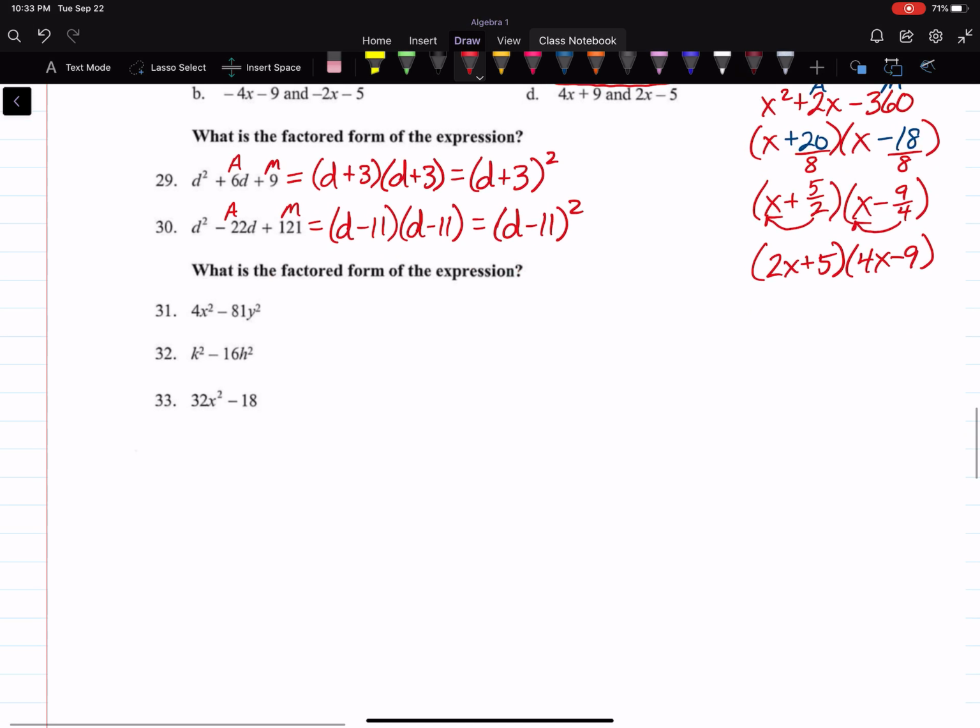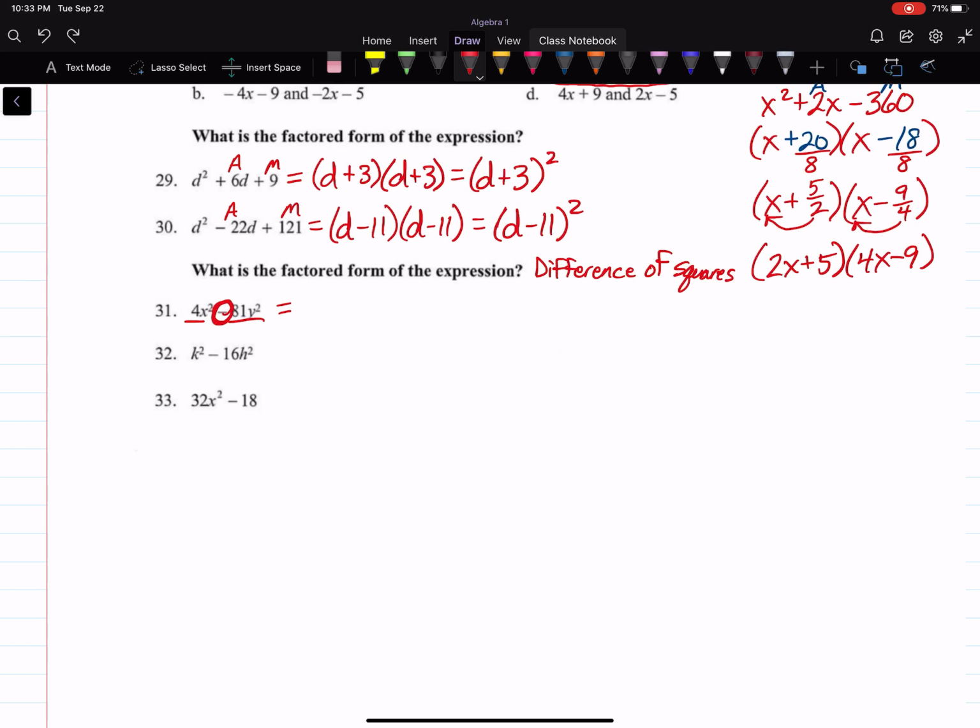All right, the last 3, 31, 32, and 33, this is the difference of squares. Okay, when you have 4x squared, which is a perfect square, and negative 81y squared, which is a perfect square, and you are subtracting, and these have to be perfect squares.